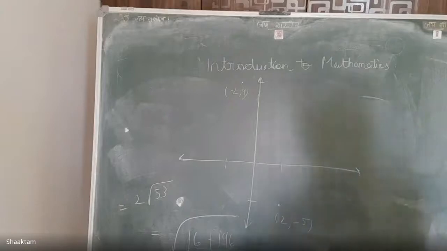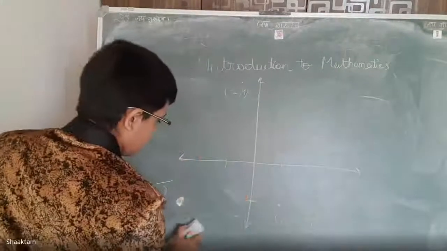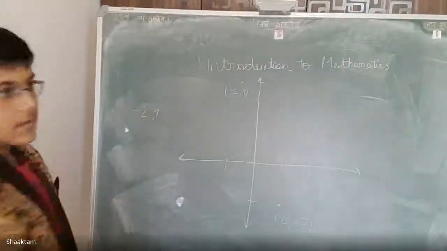One second, let me see the question once. Point on the x-axis which is equidistant from these 2 points. So point on the x-axis means the y-coordinate will be 0. Now we have the distance formula, right? So we could use (-2, 9).